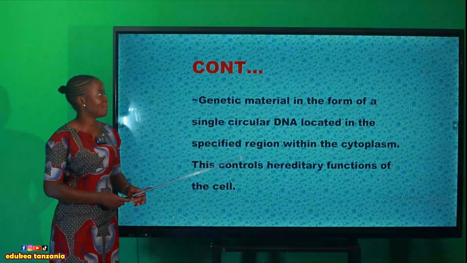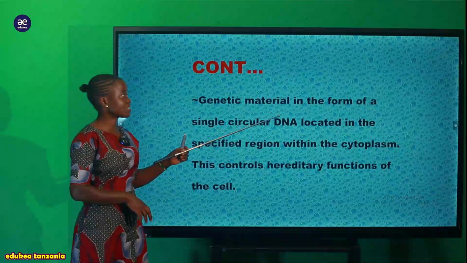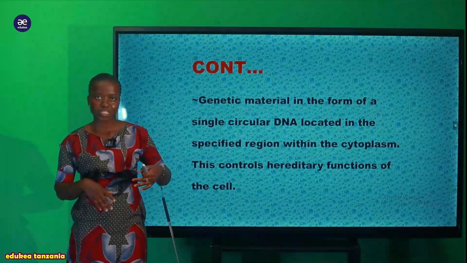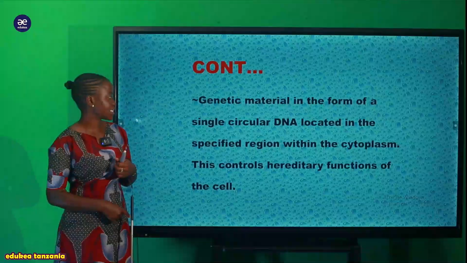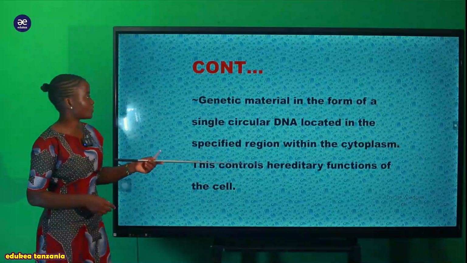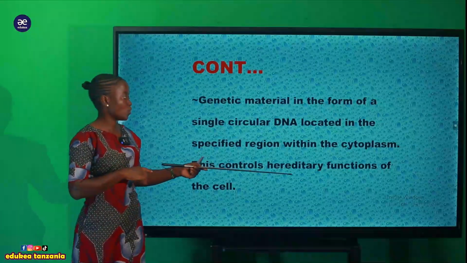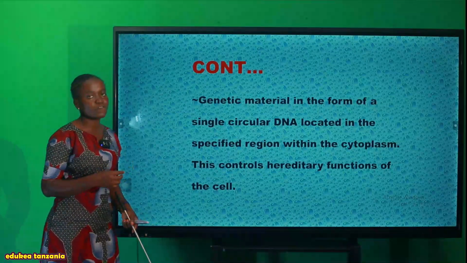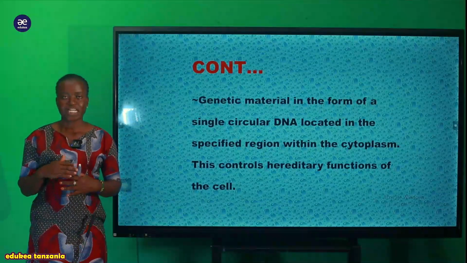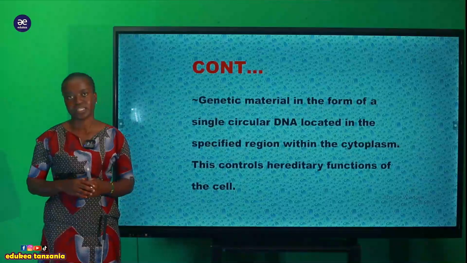Hii DNA ndio ambayo ina carry this genetic material. And remember, this genetic material tends to be passed from one generation to another. So thus we can say that this hereditary material, or DNA, controls the hereditary functioning of the cell. All the hereditary functions of the cell take place within the DNA, that is the circular DNA.